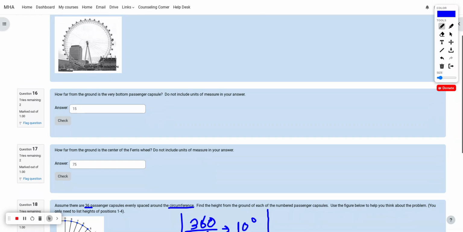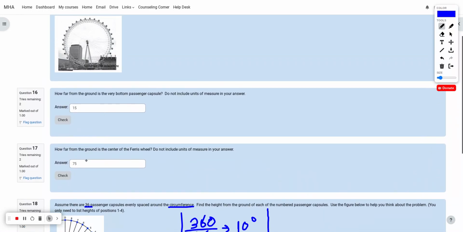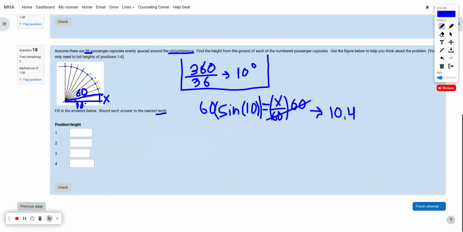The point is, it's 75 feet off the ground, plus the 10.4, which is 85.4.